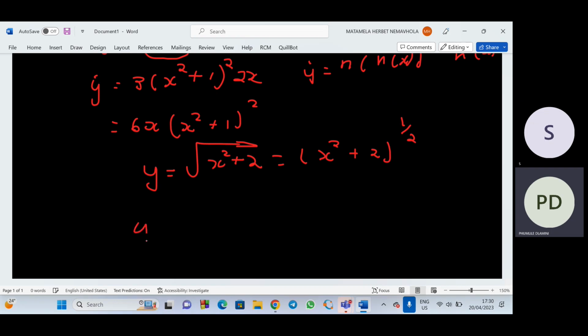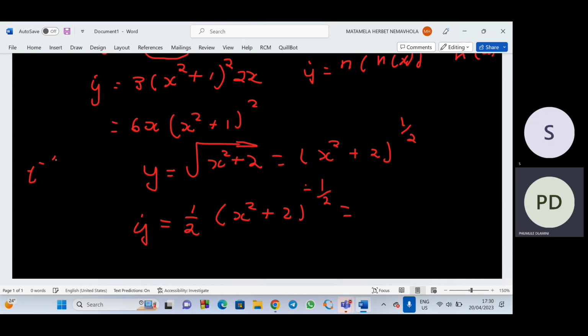So when we find the y prime of this, the 1 over 2 will come down. Then (x squared plus 2) to the power 1 over 2 minus 1 is going to give us negative 1 over 2.